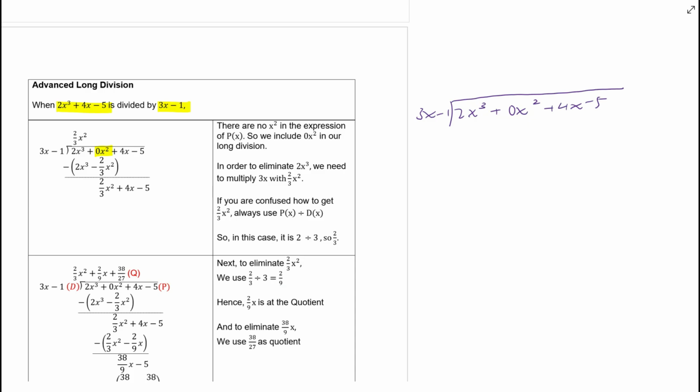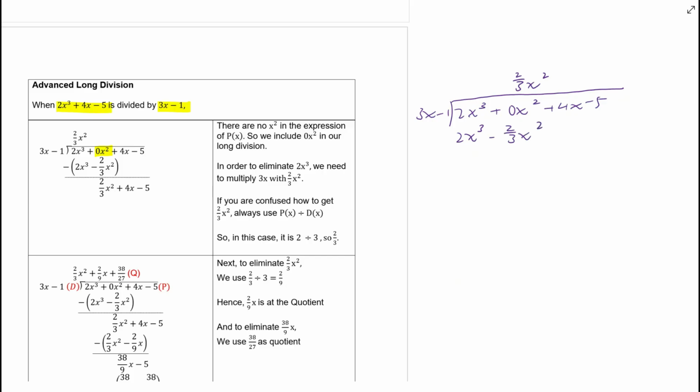So we need to eliminate 2x cubed. What times 3x will give you 2x cubed? In this case, it will be 2/3 x squared. You can have a fraction, it's okay. So we bring it back down, 2/3 x squared times 3x, 2x cubed, 2/3 x squared times minus 1, minus 2/3 x squared.